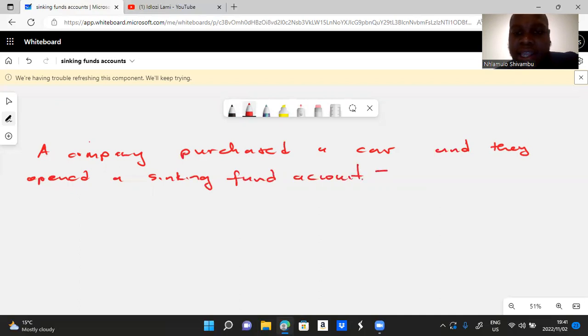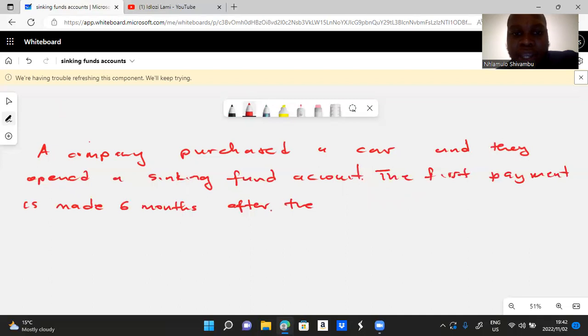And then they say the first payment is made 6 months after opening the account, and then they're going to make payments for 5 years. So I want to ask about the N.